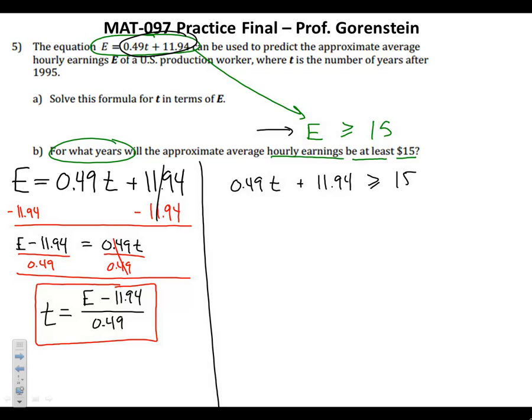So we want the earnings to be at least 15. Earnings is the variable E, and in this step, E could be replaced with 0.49 T plus 11.94. Now at this point, we want to solve the inequality for T, isolate the T. So we can subtract 11.94 from both sides.